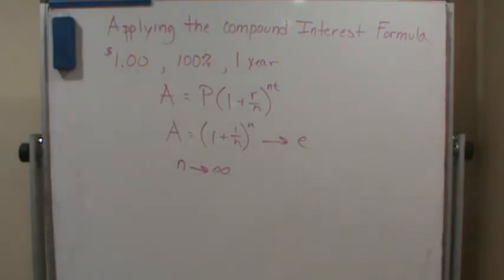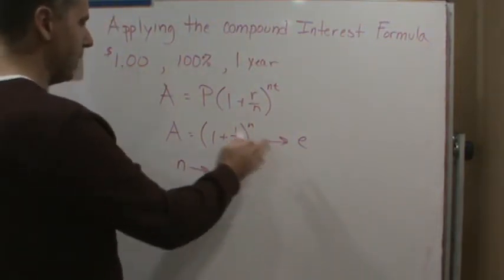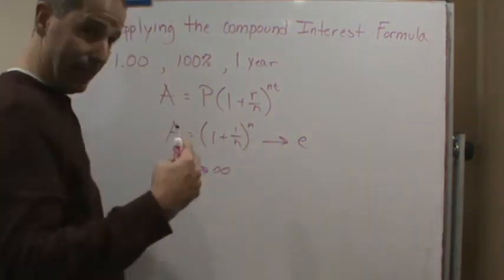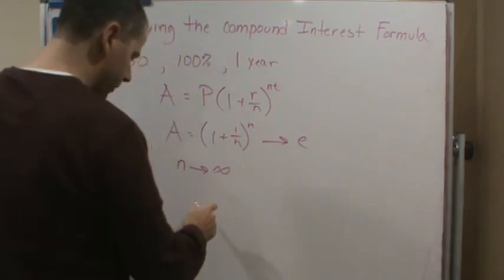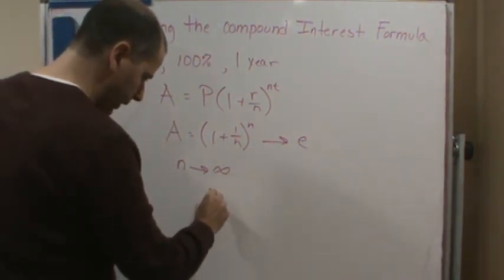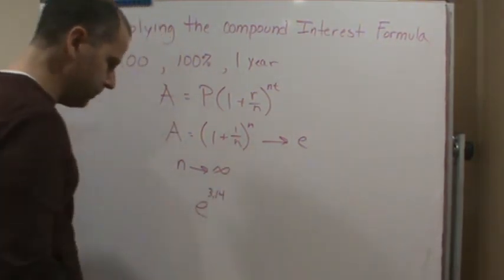Now, for example, if I wanted to calculate e to the 3.14 rounded to 5 decimal places, this is called the natural exponential. So how would I evaluate e to the 3.14 power?